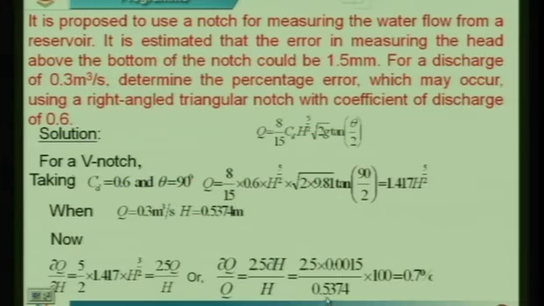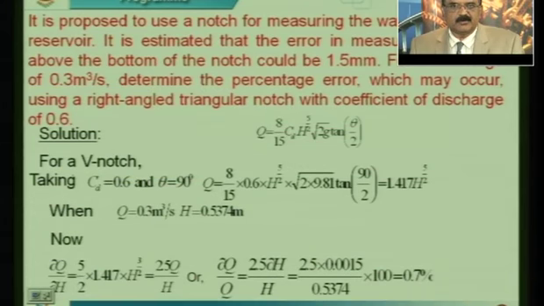Now, if you know these values, 2.5 into the error of 1.5 mm, converted into meters, and the value of h is 0.5374. Here, how are you going to find the value of capital H? Look at this equation, Q is equal to 1.417 h raised to 5 by 2. You know the value of Q. Substitute the value of Q here, and corresponding to this you find the value of capital H. You need not bother about whether the data given in the problem is perfectly alright.